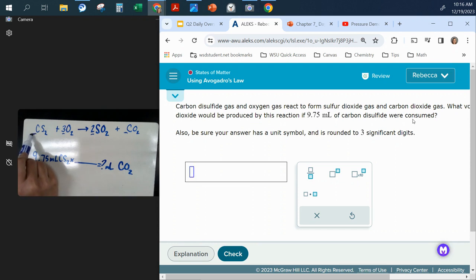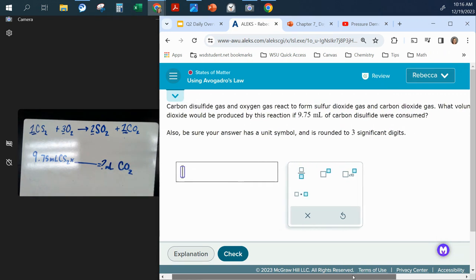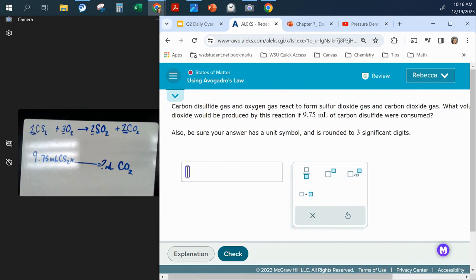So the ratio here, this one is a straightforward one. If I don't have a coefficient, that's just 1, right? This is saying for every 1 milliliter of carbon disulfide, I get 1 milliliter of carbon dioxide. And that's what they're looking for, right? Carbon dioxide. Okay, so this is a 1-to-1, so we should be able to just know that this should be 9.75.